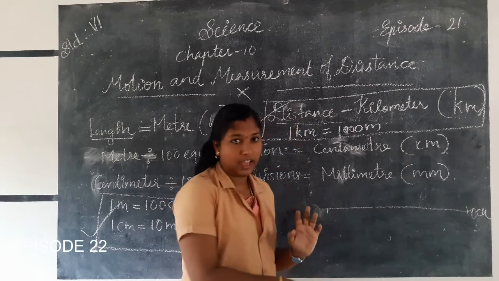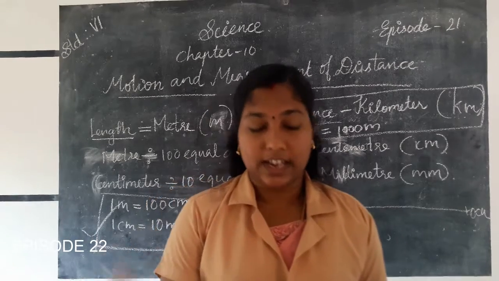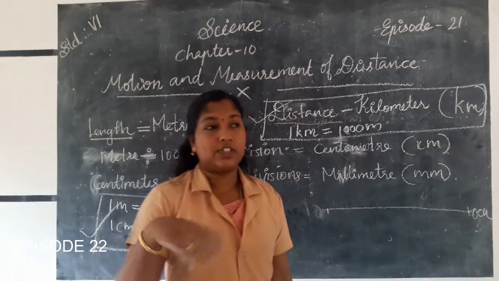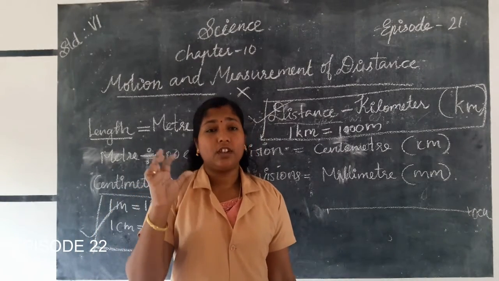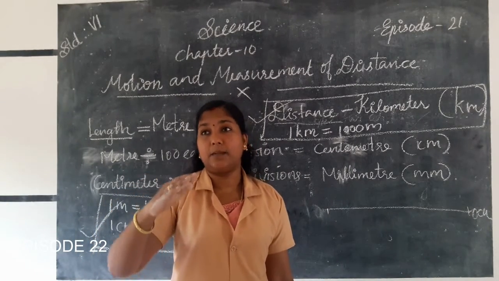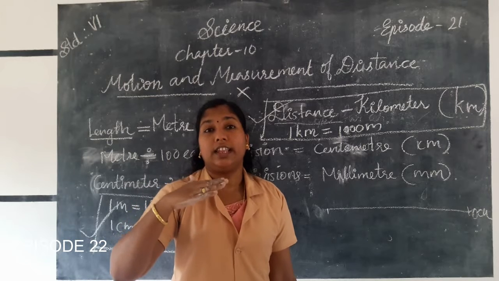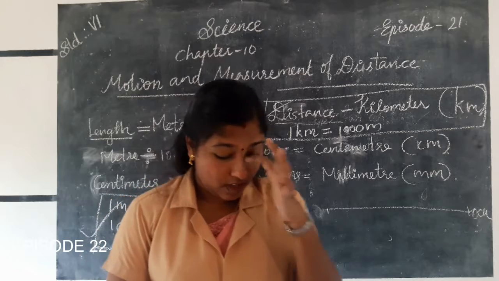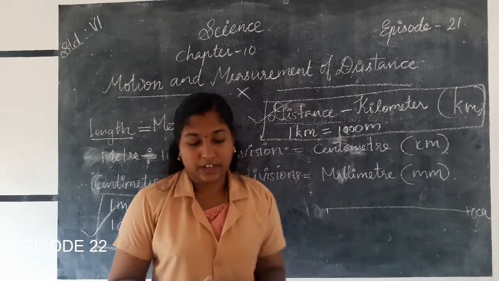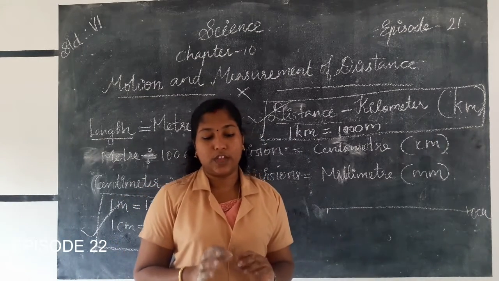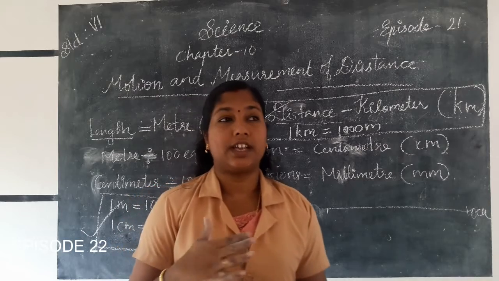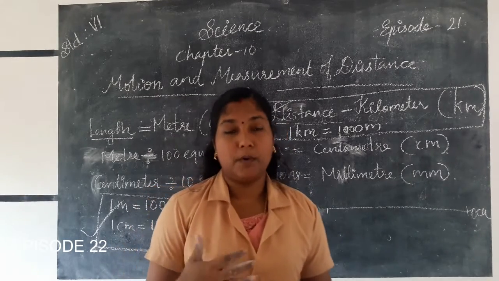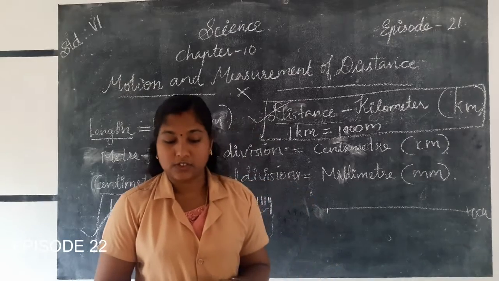It is not a correct way for measuring length. Next, we should keep our eyes in direct line with the scale and the object being measured. The correct position of the eye is also important for taking measurements.